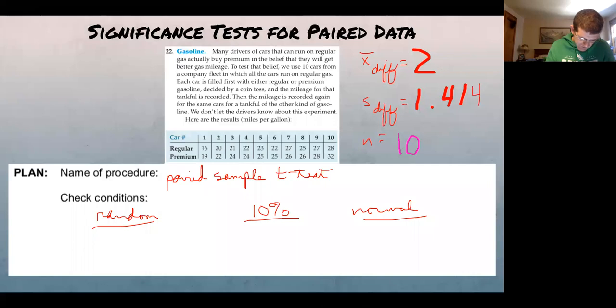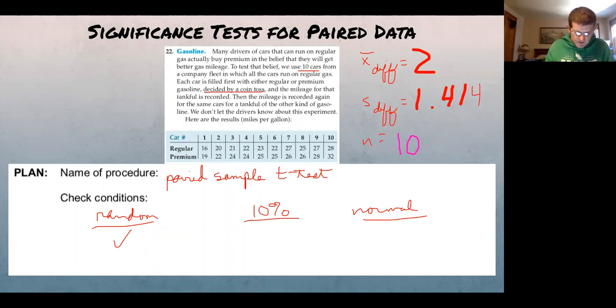If we're generalizing this to the fleet of cars for this company, because maybe they all drive a certain way or have to drive in certain conditions, then I think these 10 cars that they picked, we could consider a random sample. And of course, there's randomization in how they assign the treatments, in what order.